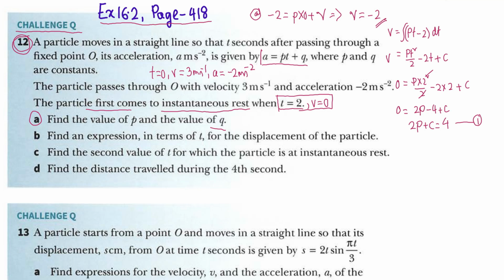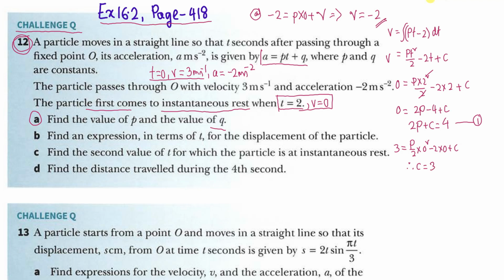The other part is when t = 0, v is also 3 meters per second, as given. So let me put that in too. When t = 0, v = 3. From the expression, 3 = p by 2 times 0 squared minus 2 times 0 plus c. The two terms become 0, so therefore c = 3.